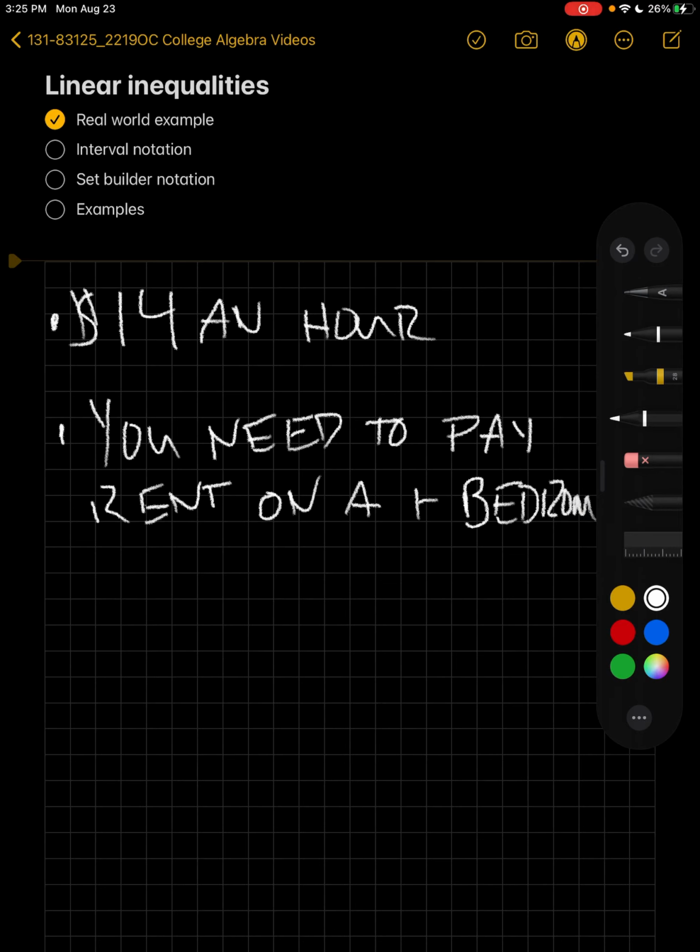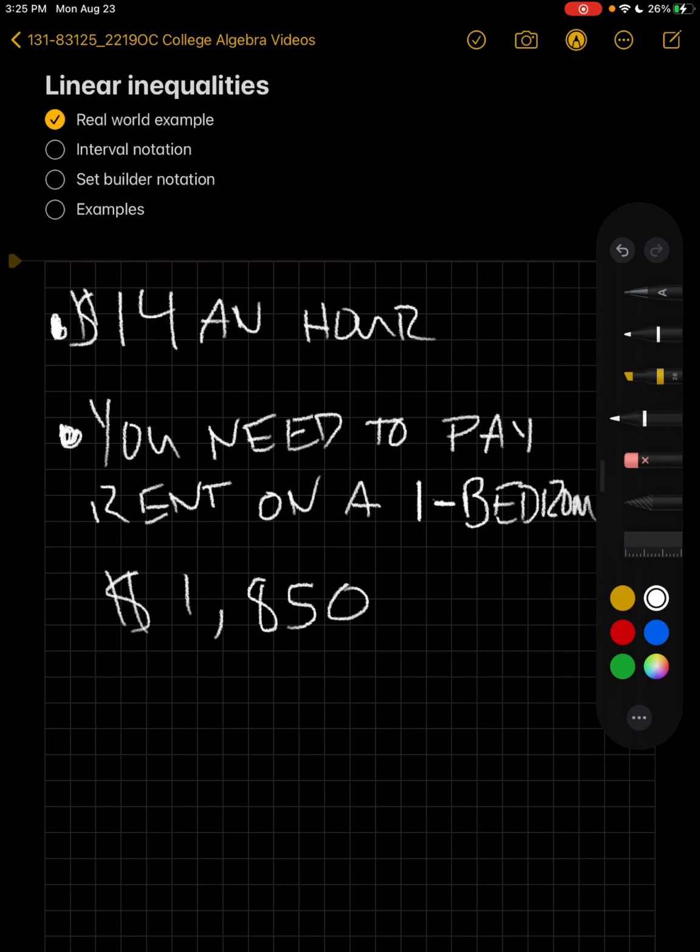And that rent costs you $1,850. This is a pretty cheap cost actually for a 1-bedroom apartment. If you had a 1-bedroom apartment for any less than this in White Plains, I'd be kind of surprised.